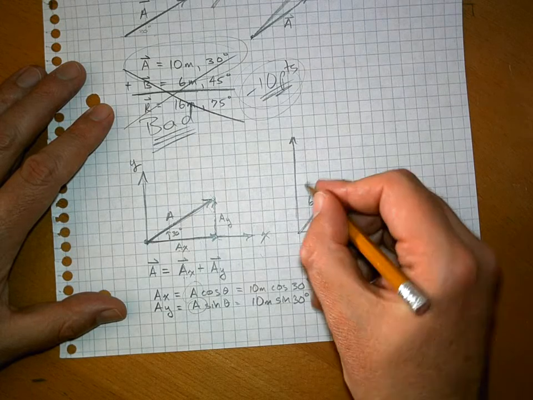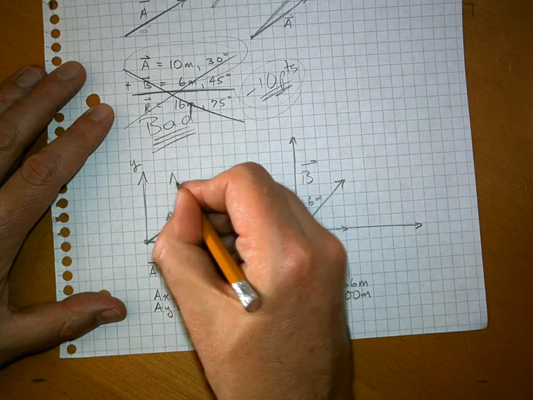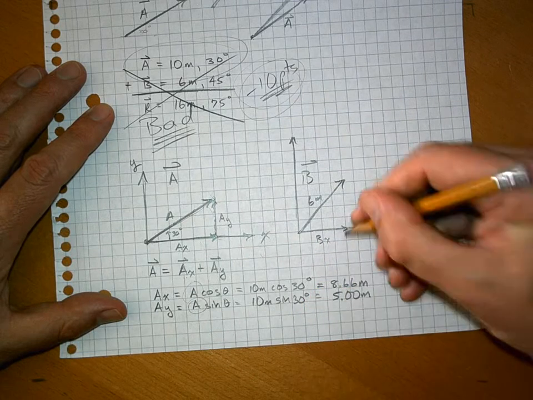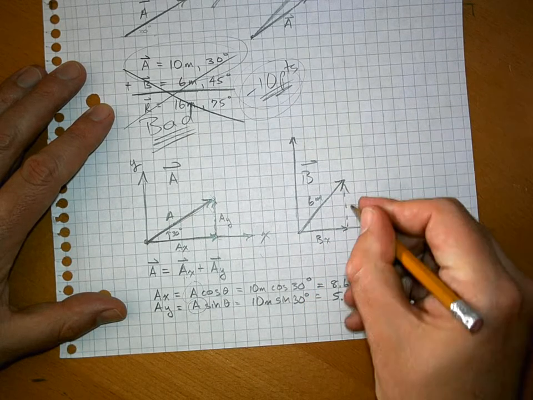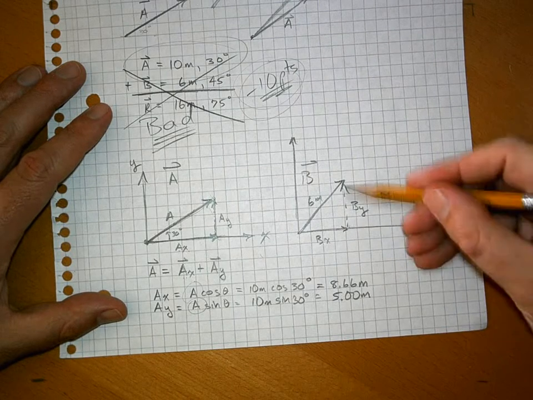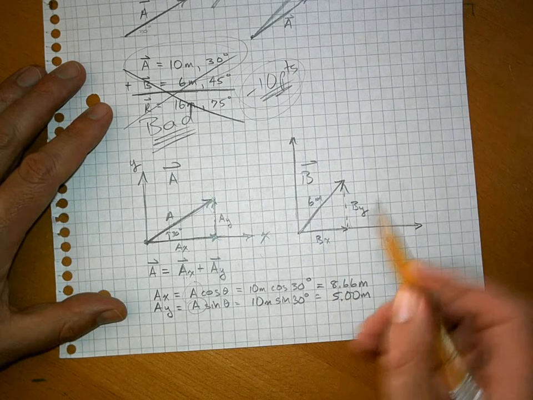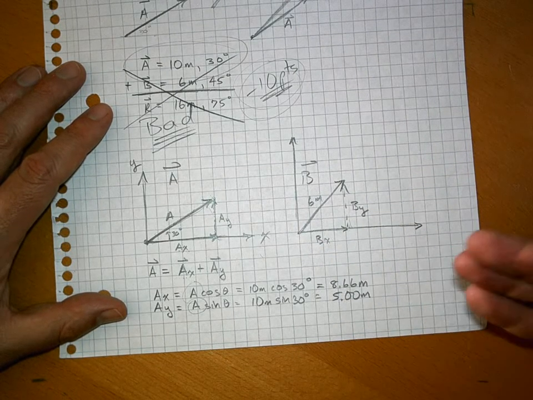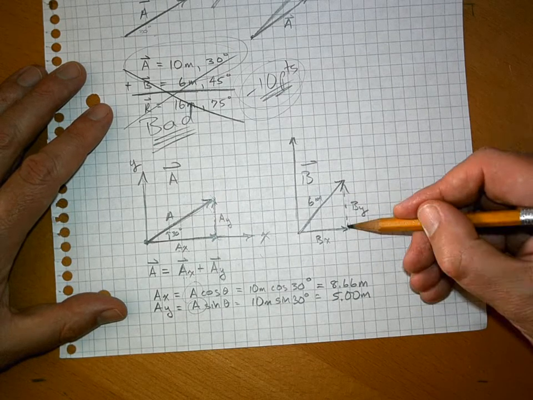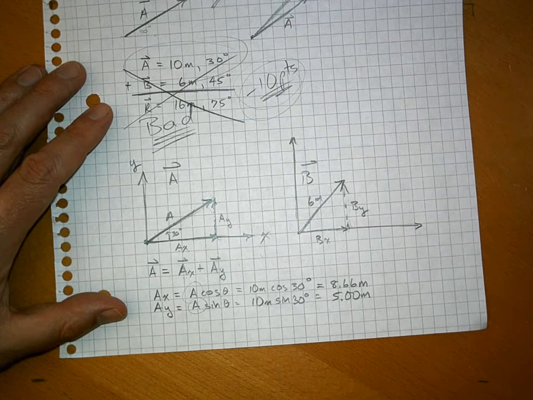This is vector A, this is vector B. So we got B in the X, B in the Y. Now notice I'm drawing these as dashed lines. It's traditional to draw component vectors with little dashed lines instead of solid lines. Doesn't really matter right now.